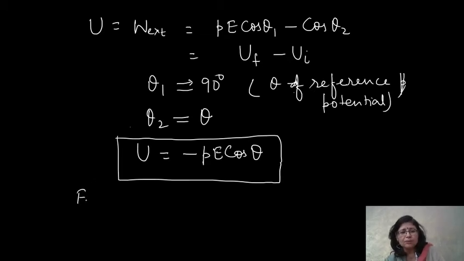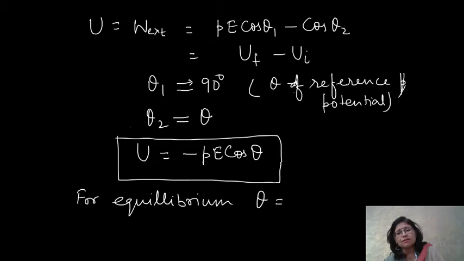So for equilibrium position, what is the angle between dipole moment and electric field? That must be 0 degree or 180 degree. So we have two angles, 0 degree and 180 degree, and we have to calculate the potential energy at 0 degree and 180 degree.